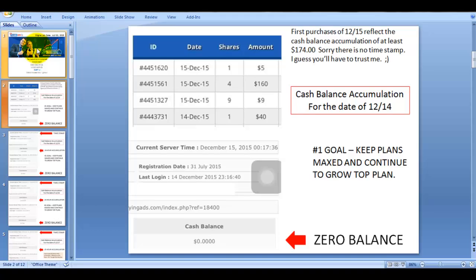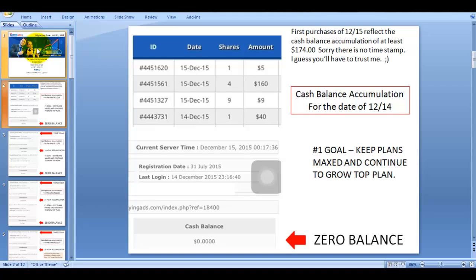Now remember that I'm doing this in the middle of the night. I wake up at midnight as close as I can to that time, and I take care of these screenshots. And this particular night I proceeded with making my purchases before I got my screenshot of my cash balance. And so what I did was I took a screenshot of the purchases that I make at the very beginning of the next morning, which uses my cash balance of the day before.